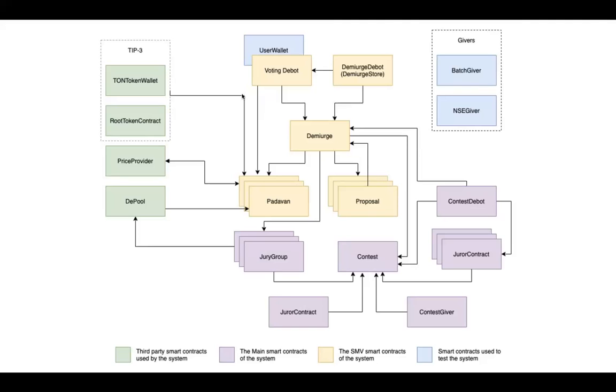Our solution. First of all, we thought we can use a hash. For example, we can take the score, comment, salt, and vote type. We can take a hash, send it to the contract, and in the reveal stage, we will just send the initial data, and the contract will check the hash.